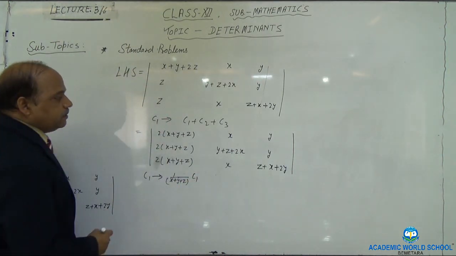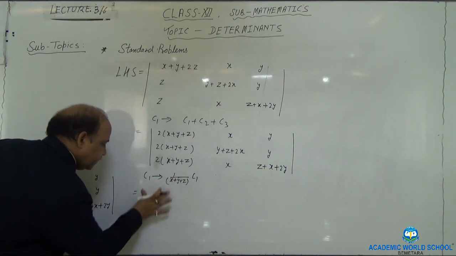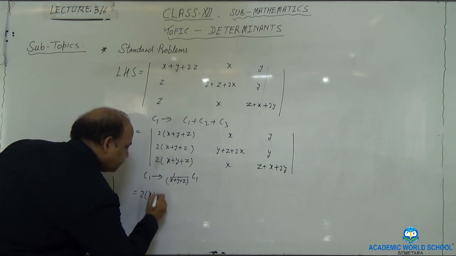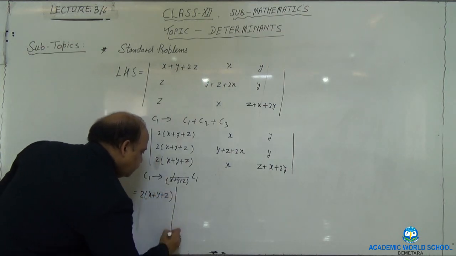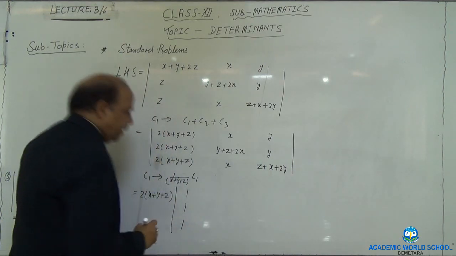So if I do this, what will happen? You are left with this coming outside, 2 will also come outside, 2x plus y plus z, and you will get 1, 1, 1, 1, 1, 1.